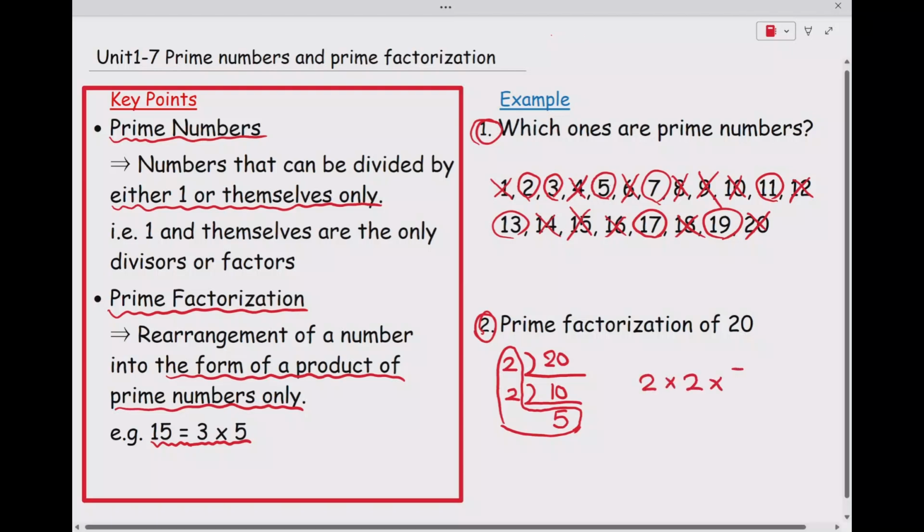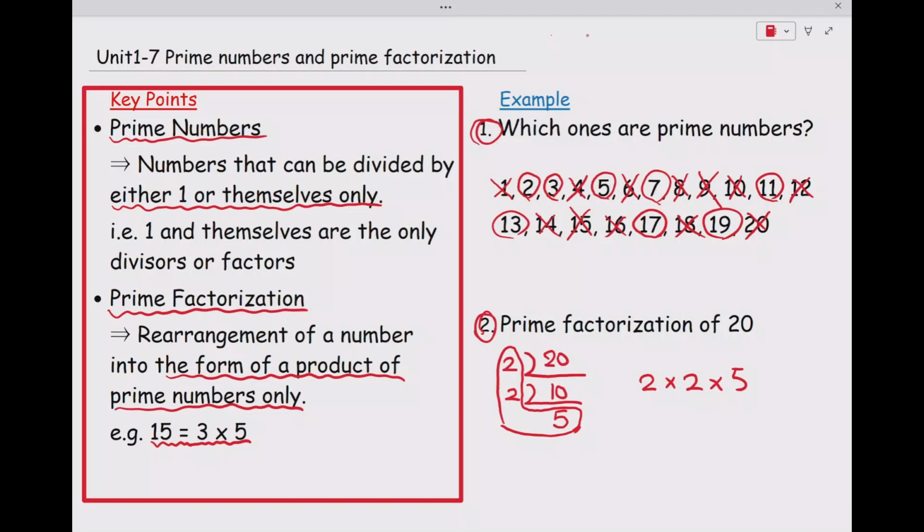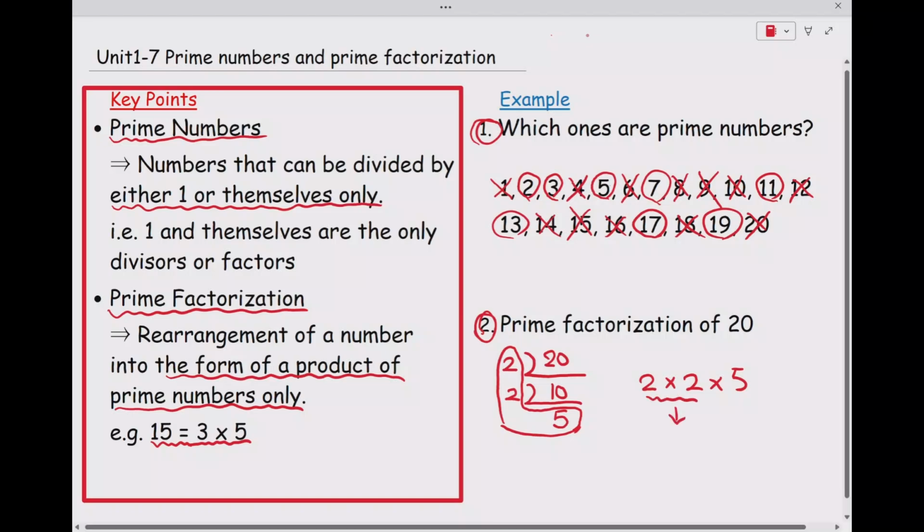And prime factorization is completed. So, 20 equals 2 times 2 times 5. In short, 2 to the second power times 5 is the answer.